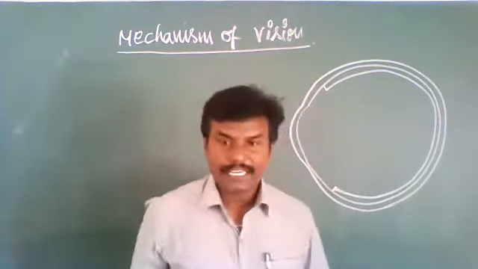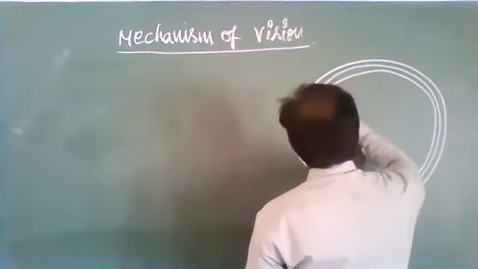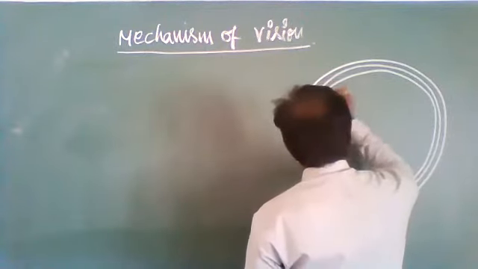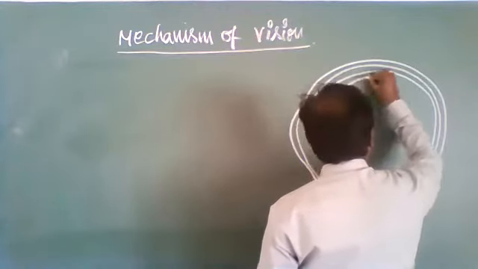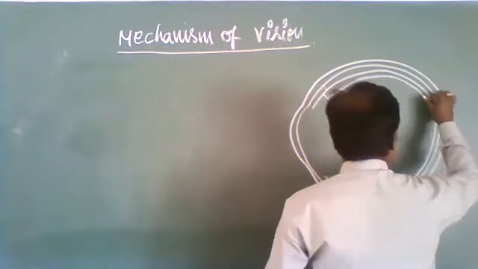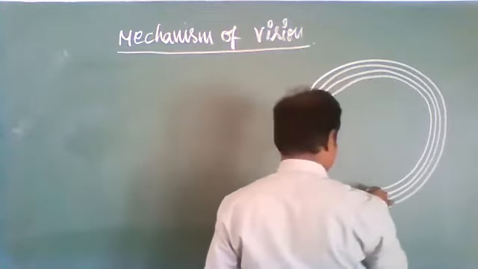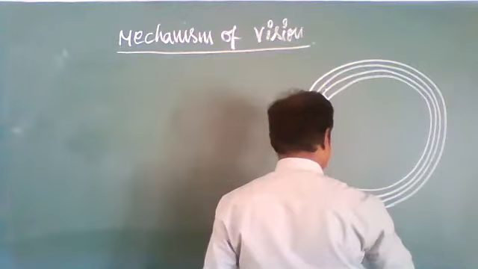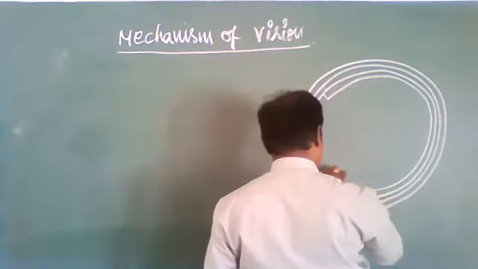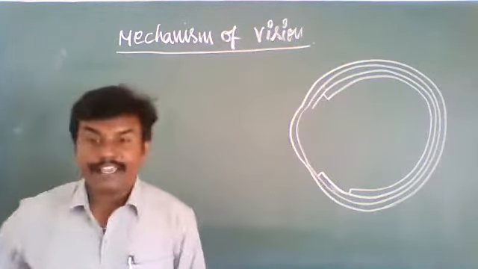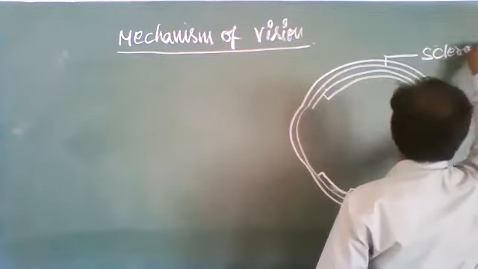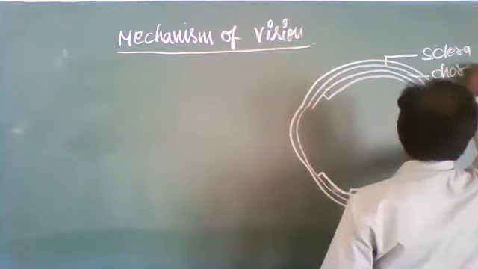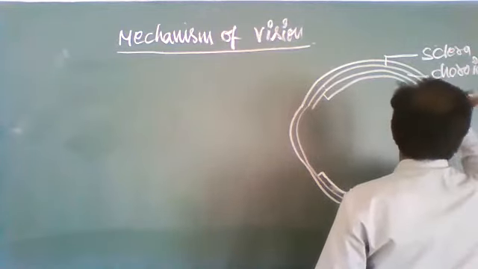This is the innermost layer. We already know the layers: sclera, choroid, and the innermost layer is the retina.